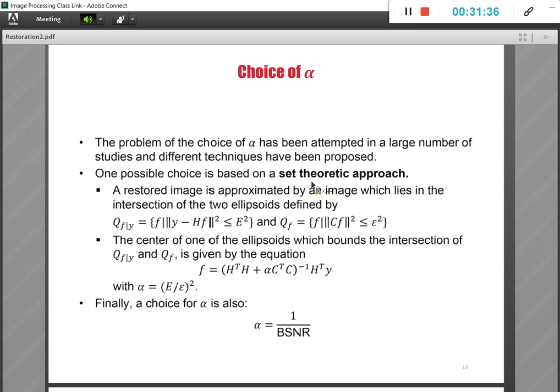One possible choice is based on a set theoretic approach.